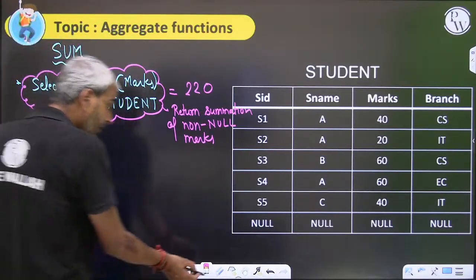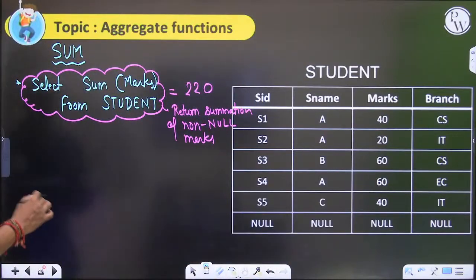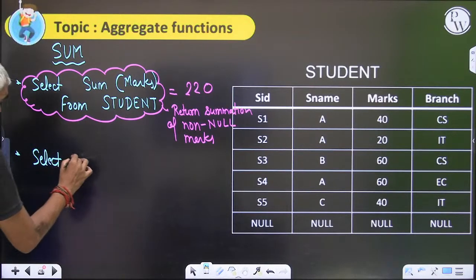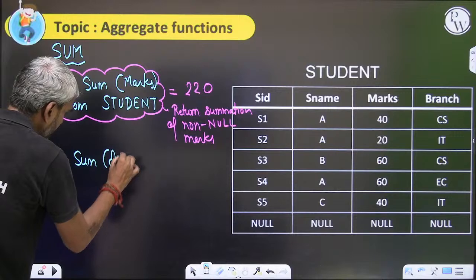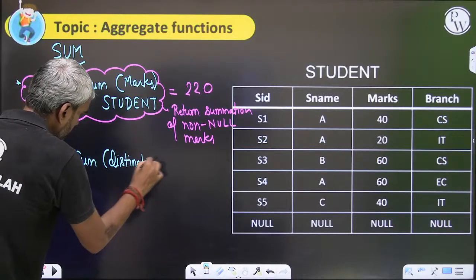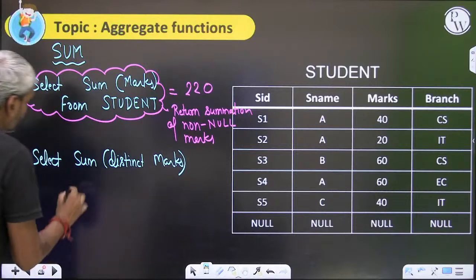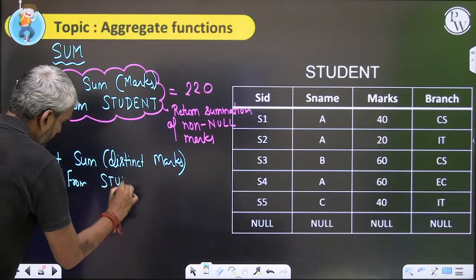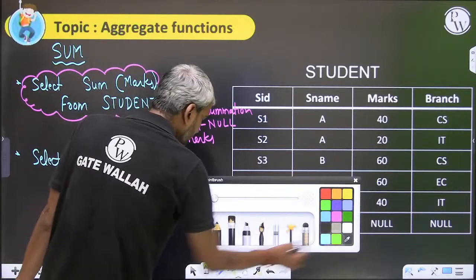You may also sum the distinct values of marks. So if you say select sum of distinct marks from student, what will be the output?